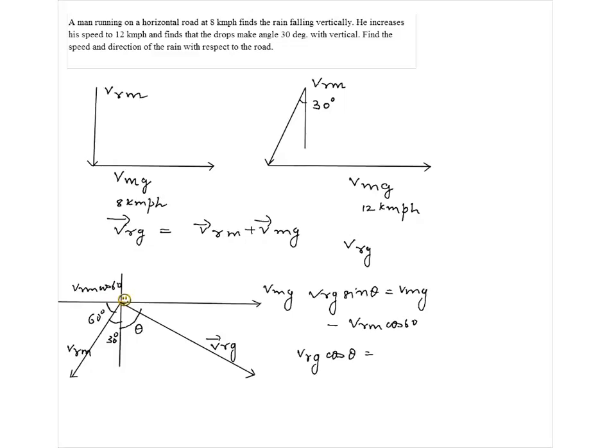It would be VRM cos 30 degrees or VRM sin 60 degrees. VRM cos 30.